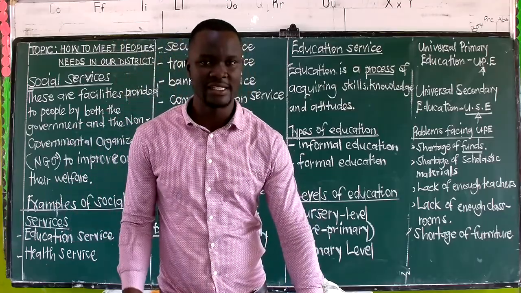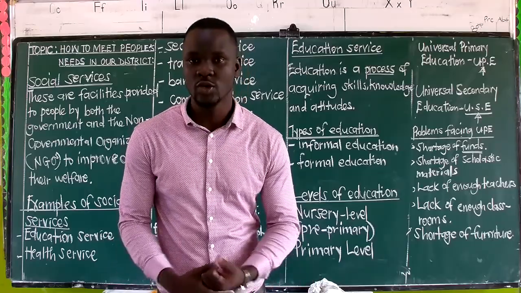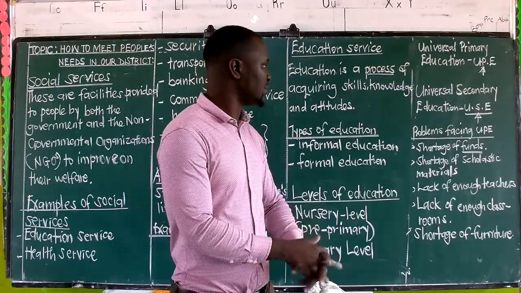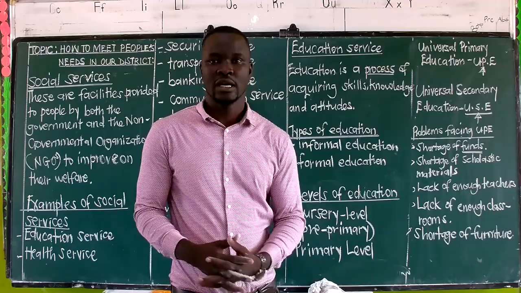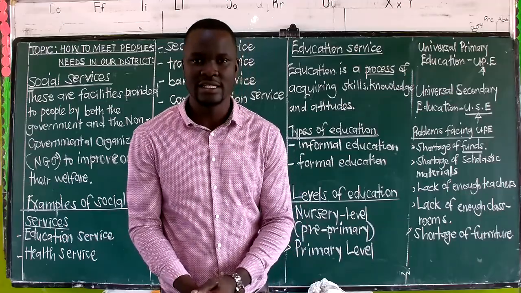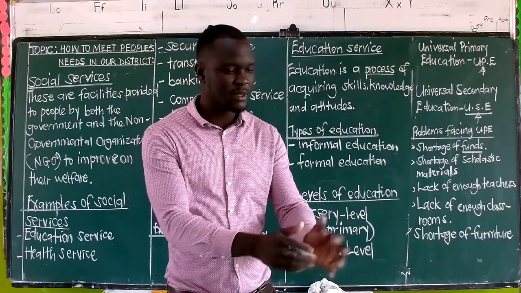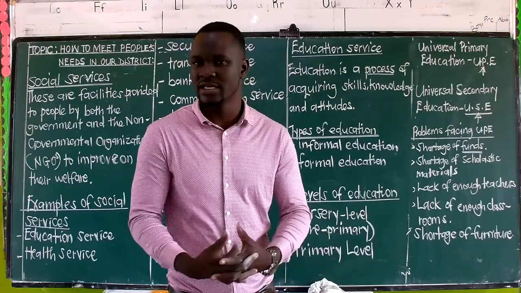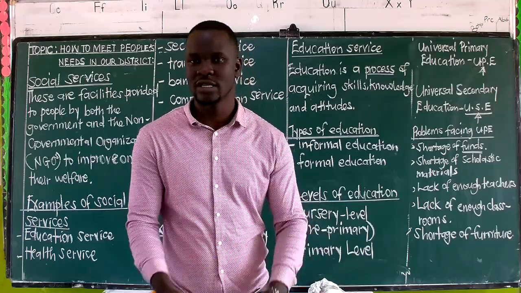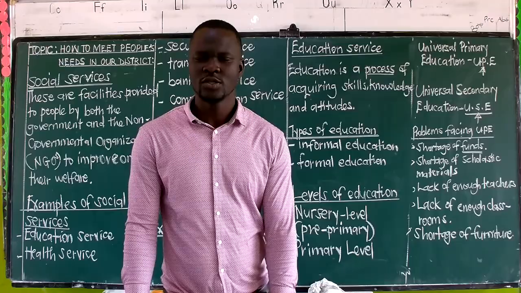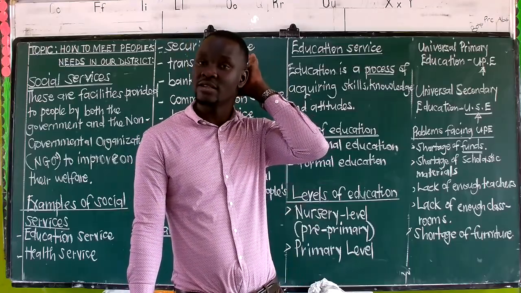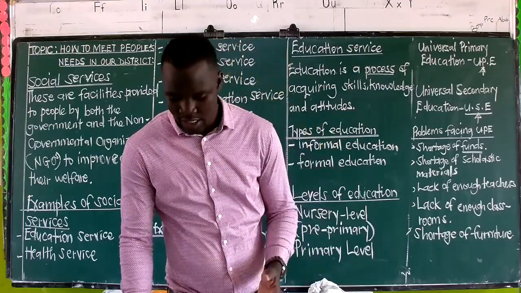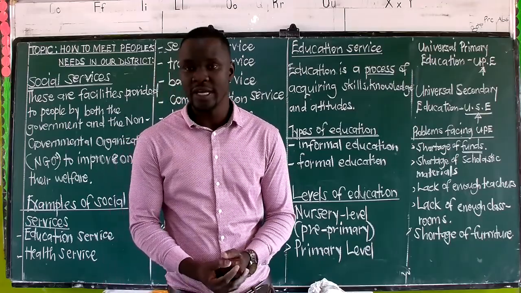But some children in the UPE schools don't have desks, they sit on bricks. Someone gets a big stone, puts it down and sits on it. Someone gets a log and sits on it. Education continues. So that is the challenge facing that program that we call the UPE or USE.